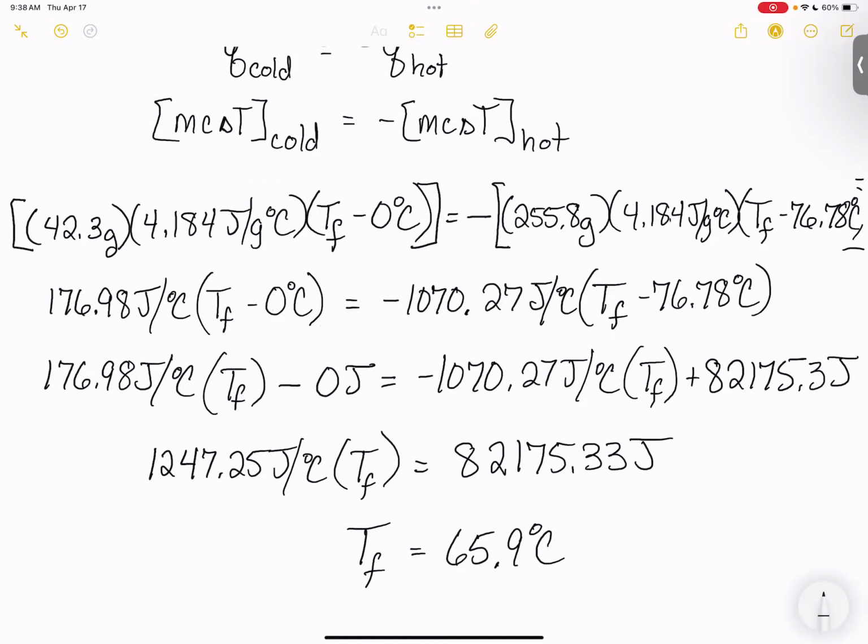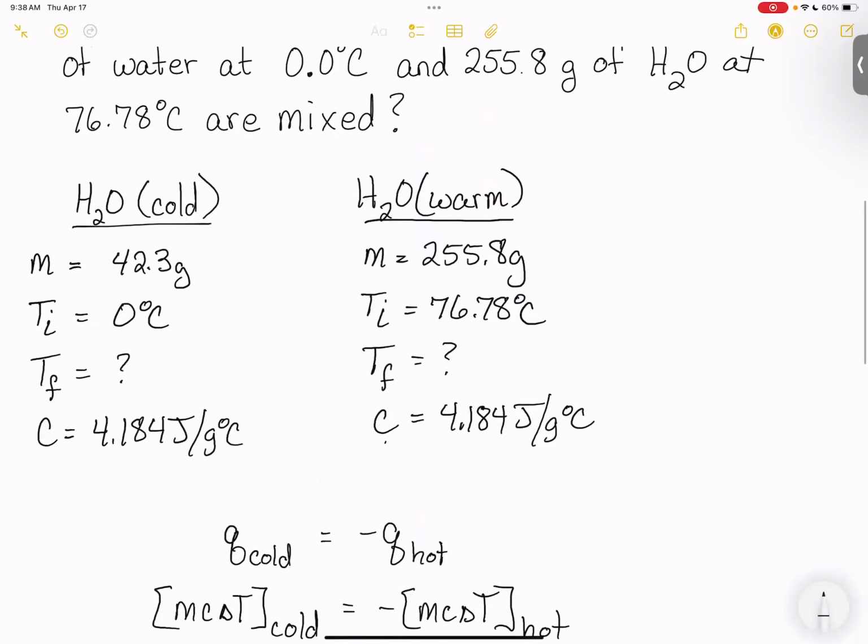So the first thing I did is I realized that I had two substances because I had hot water and I had cold water. I listed out the information because listing out the information gives you insight into what type of mathematical problem you're going to have to do.